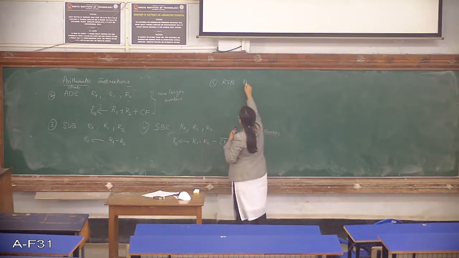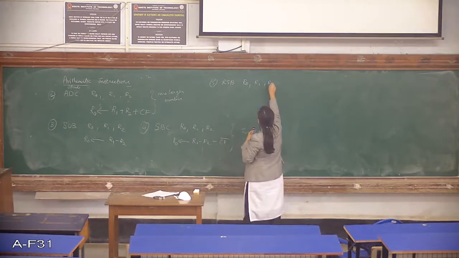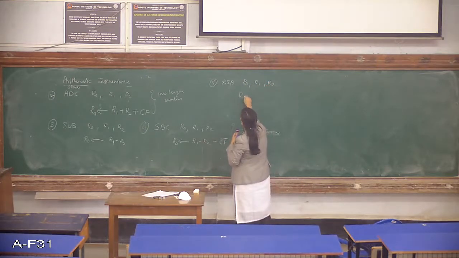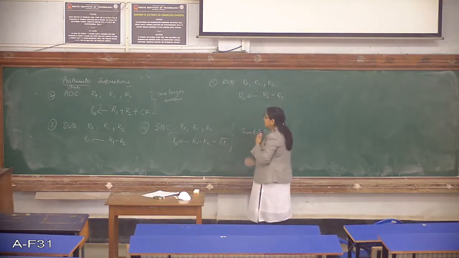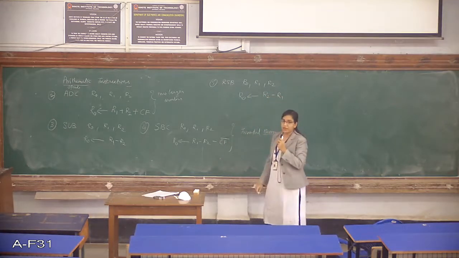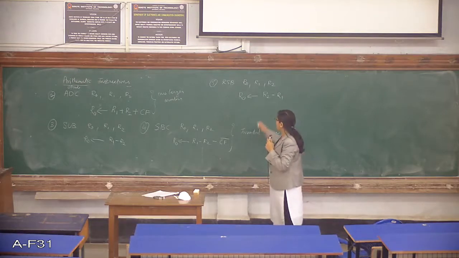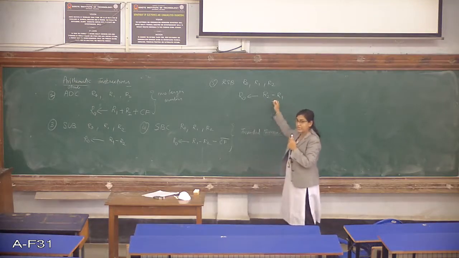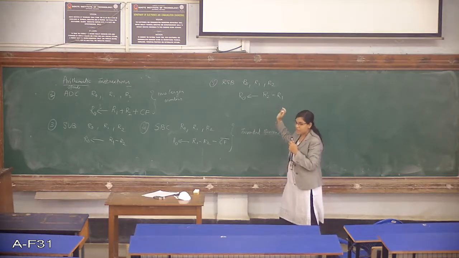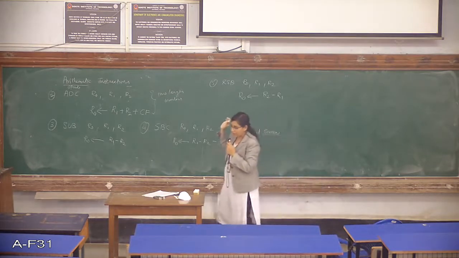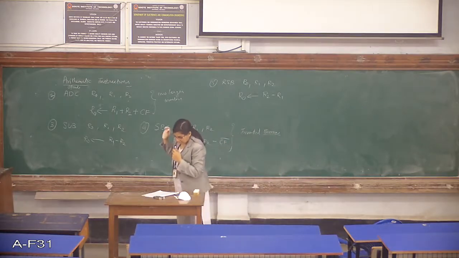RSB R0, R1, R2. R0 will have R2 minus R1. Instead of operand 1 minus operand 2, you will have operand 2 minus operand 1. So it is just a reverse subtraction which you will be doing. So this is RSB, a reverse subtraction.